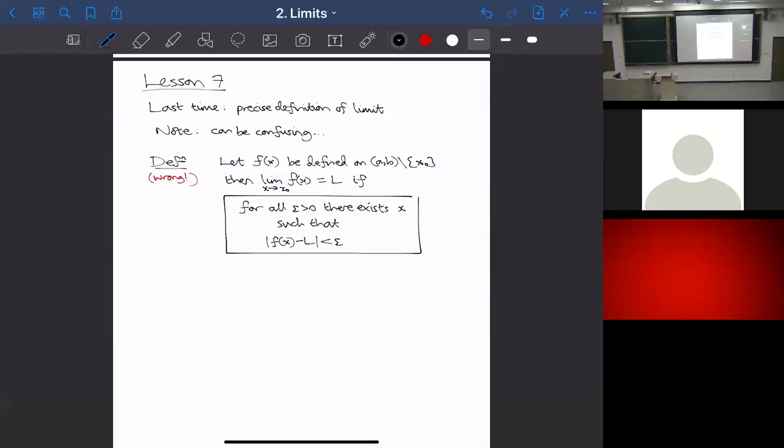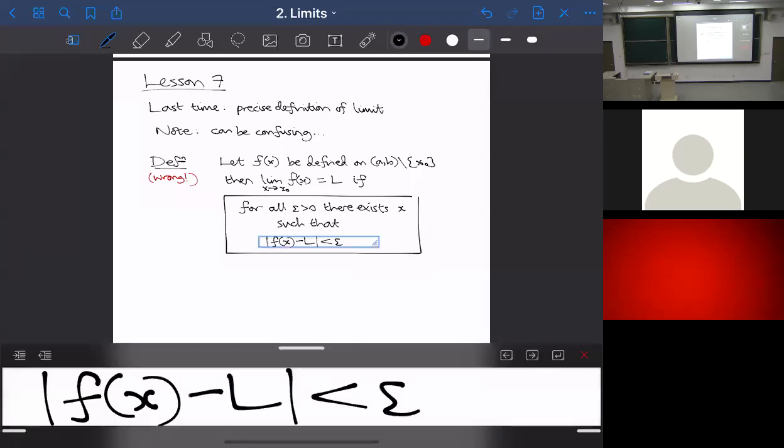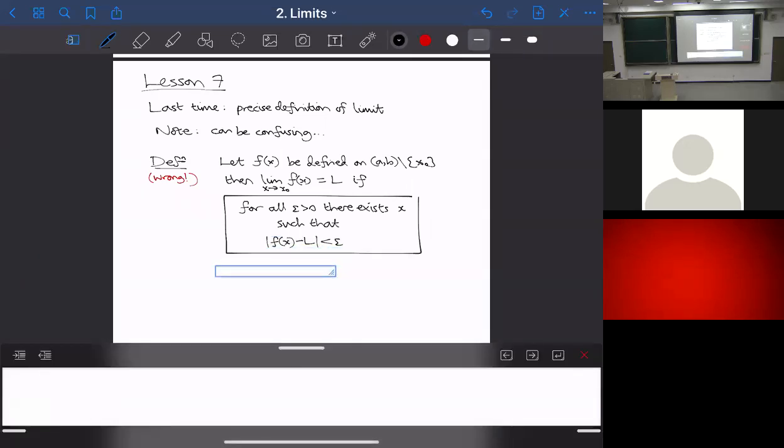Okay, so we're saying for any epsilon, there exists some x so that the value at x is very close to L. So I can make epsilon as small as I like. I can get f(x) as close as I want to L. But this is not right. So not correct.